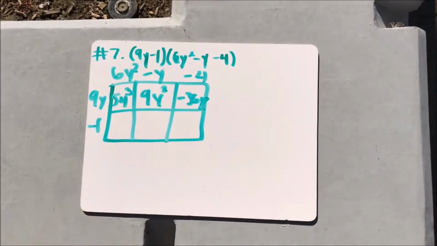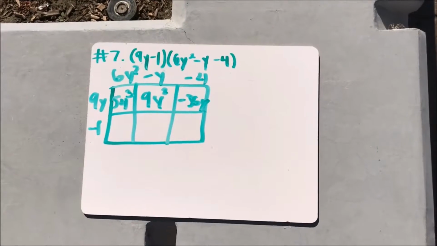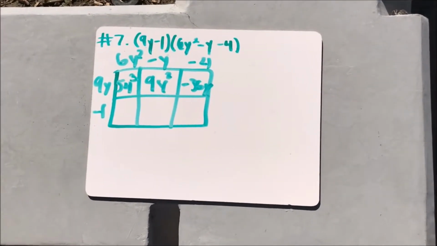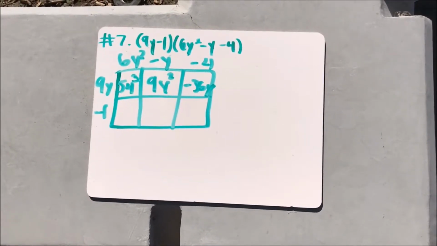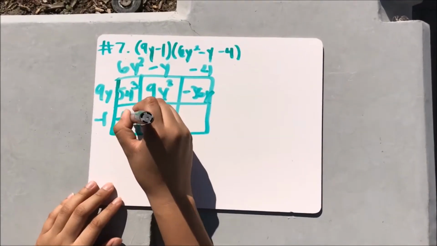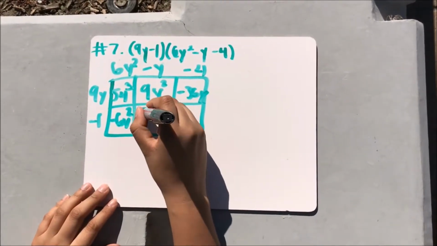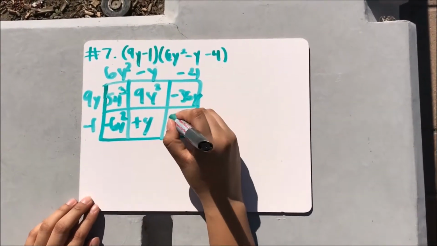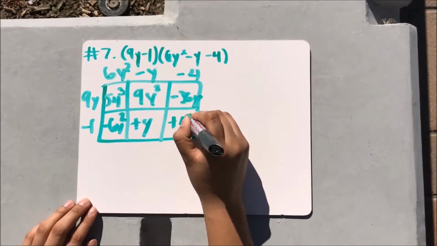We will then multiply 9y times negative 4, which would equal negative 36y. We continue on by going down, which is negative 1 times 6y squared, which would equal negative 6y squared, negative 1 times negative y, which is positive y, negative 1 times negative 4, which is positive 4.